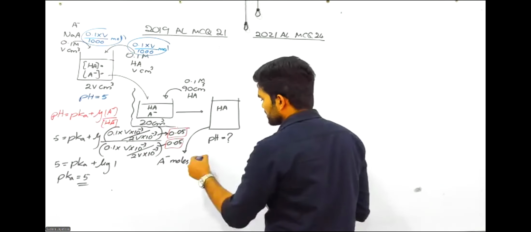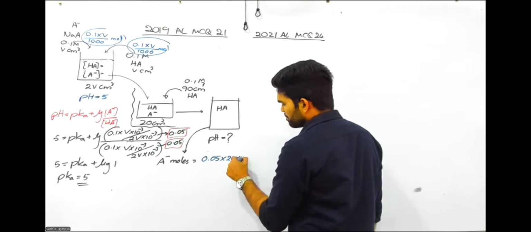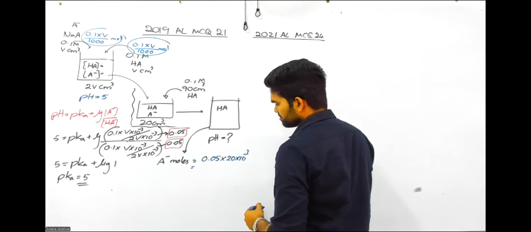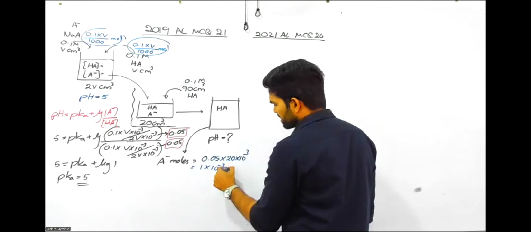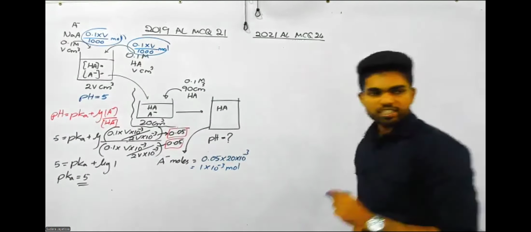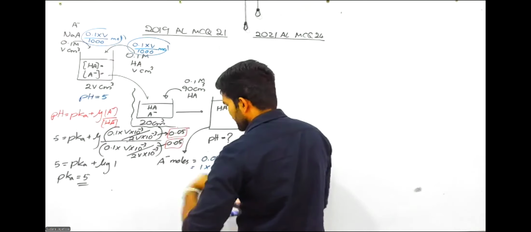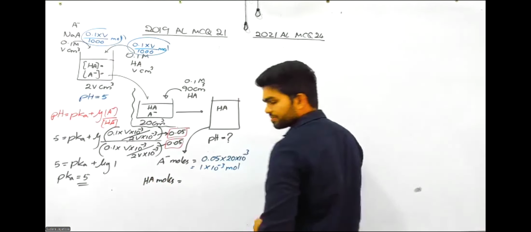So A minus moles: 0.05 into 20 into 10 to the power minus 3. That means how many moles? 1 into 10 to the power minus 3 moles. That is the number of moles of A minus. Now HA moles: you have two things.